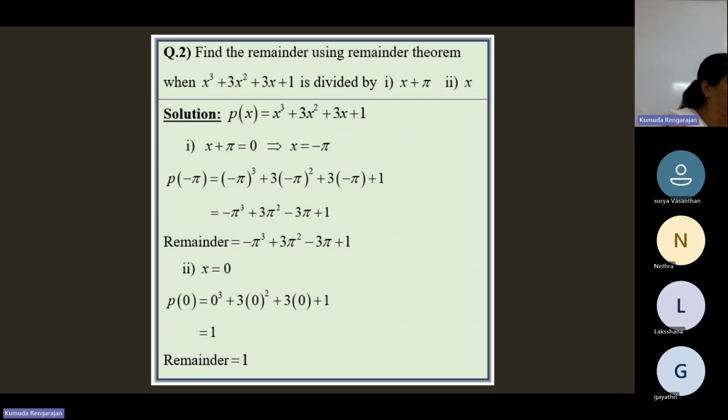And pi cubed, minus pi cubed. This is correct. This one is minus 3 pi. Plus into minus is minus, 3 pi and plus 1. So the sign is different. Okay, so you got it, then you try to simplify it, is it? This is right, but see the power and the signs. Change that.